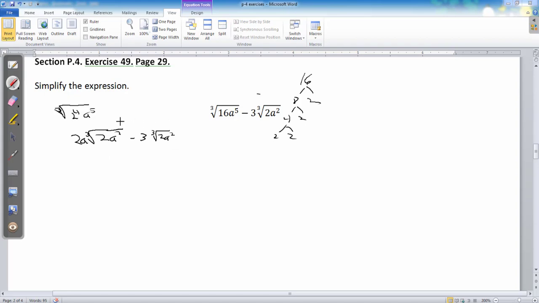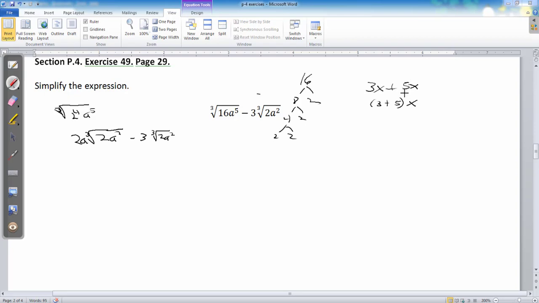But I'll tell you what WebAssign wants. It generally wants you to go ahead and take it one step further and do a factoring out step. I'll kind of explain why. When you do combining like terms, the reason you can do it is you can factor out the common x and then you can add them.